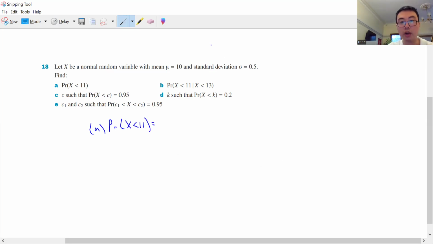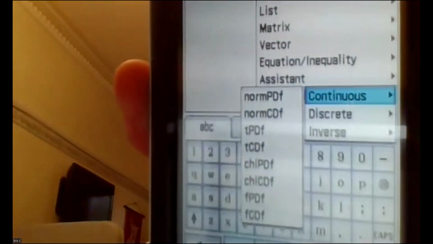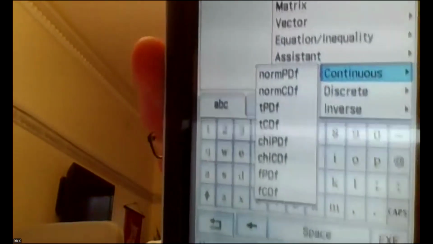All right, so let's pull out our CAS over here. First of all, go to interactive distribution, continuous, and then go to the second one, norm CDF. Your lower bound is going to be negative infinity, and the upper bound is going to be 11.